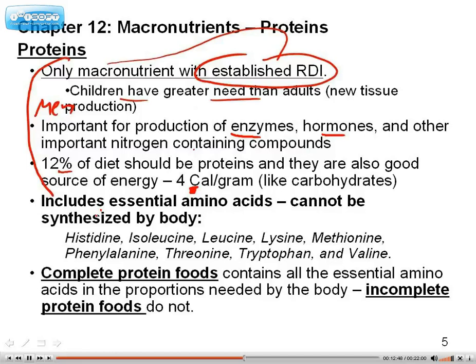Now, there are certain amino acids that the body can synthesize on its own. There are other ones we need directly from our diet. The ones we need directly from our diet we call the essential amino acids. These cannot be synthesized by our body, so they need to be taken in from food directly.